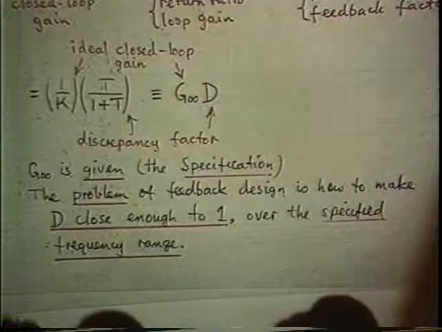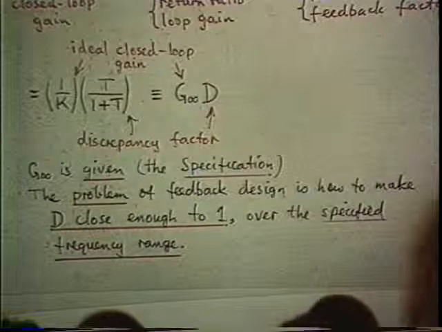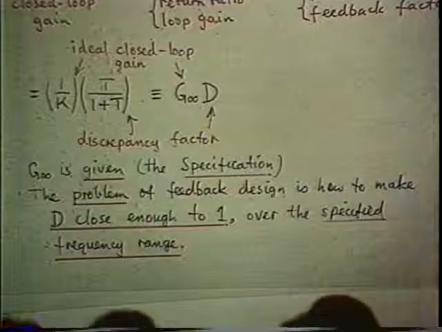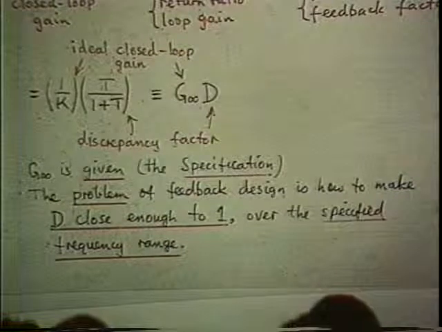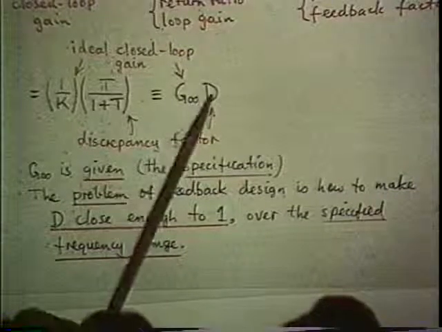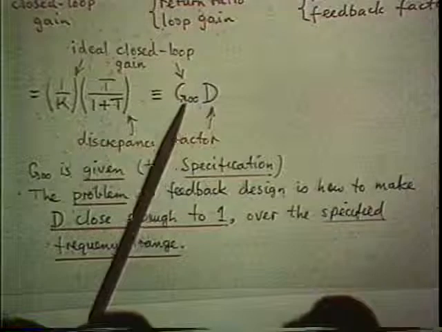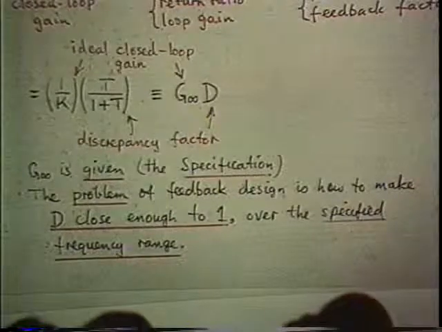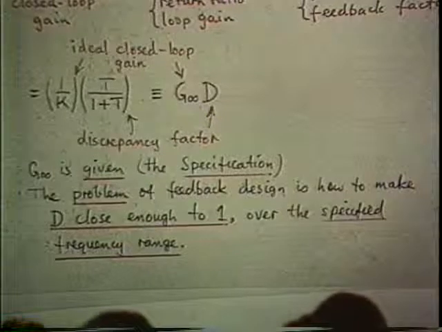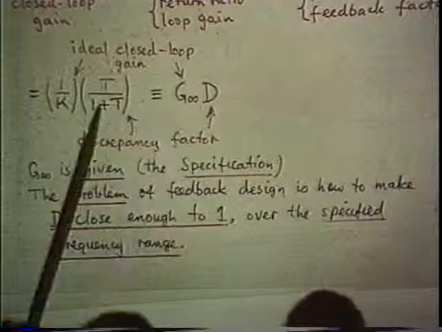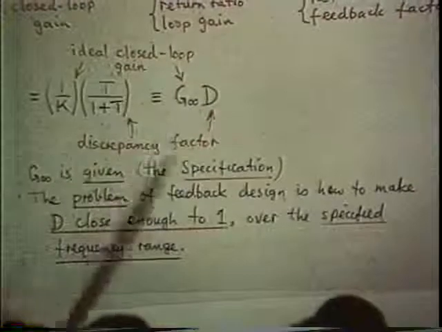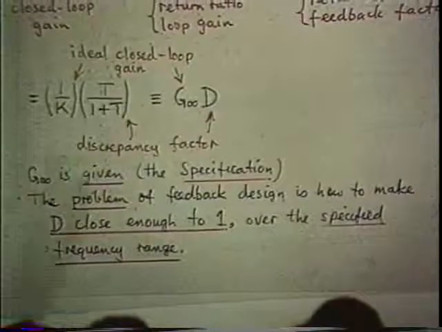There's only one hard part. You've got to make T large enough over a wide enough frequency range so that the D stays close enough to 1 over the specified frequency range of the closed loop gain. And also, of course, the T determines the stability by independent considerations to do with Nyquist.